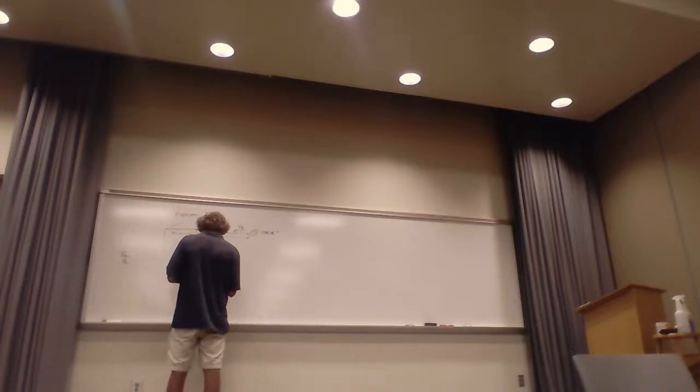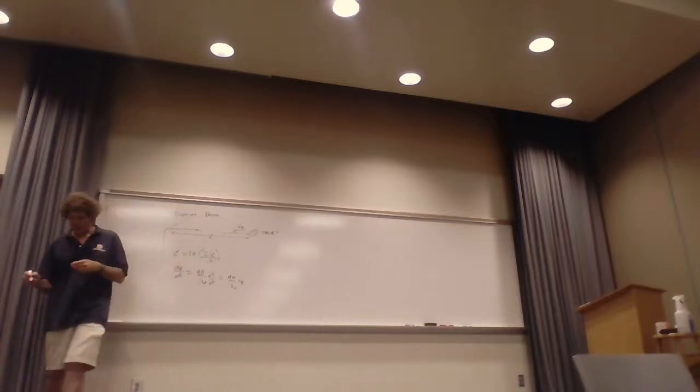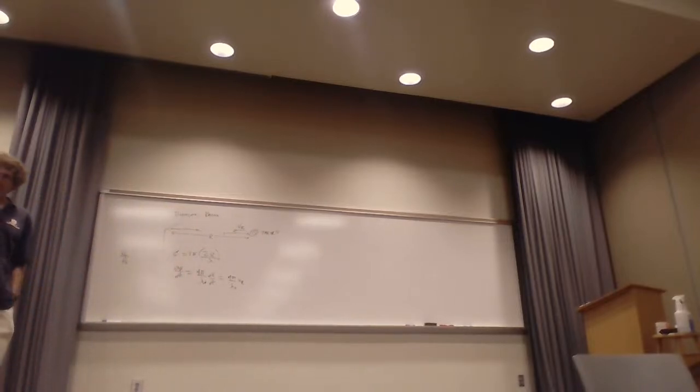And now this becomes 4 pi divided by lambda naught times Vr, and Vr is the radial velocity of the target. By the way, it's actually the rate of closure.